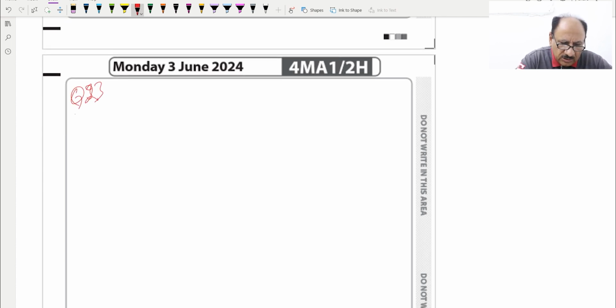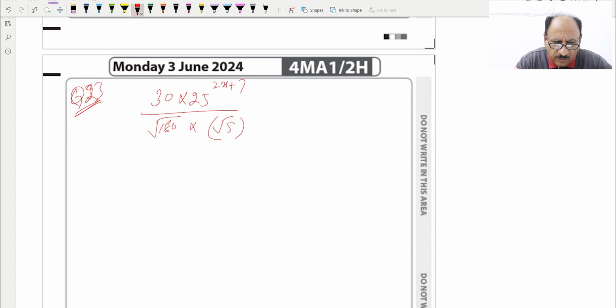Question number 23 is, we need to simplify 30 into 25 raised to the power 2x plus 7, over square root of 180 into square root of 5, and whole raised to the power 4x plus 9.